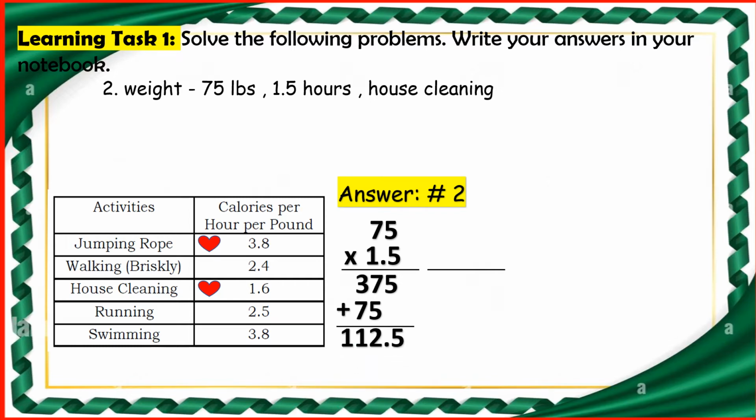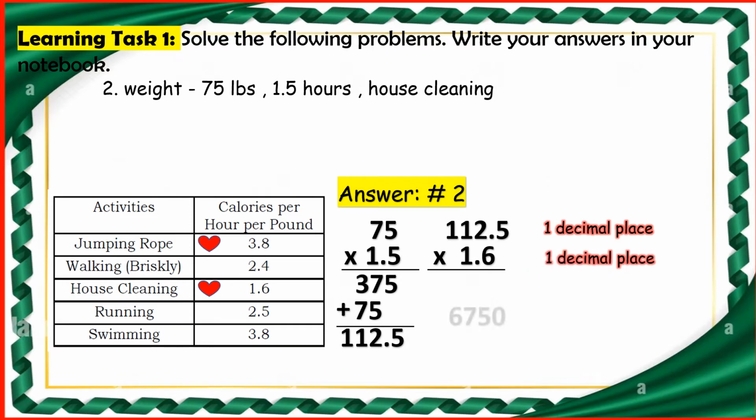So we bring down 5, and then 7 plus 5 is 12, carry 1. So 3 plus 7 is 10, plus the number 1 that we carried. So we have 112.5. So 112.5 has 1 decimal place, and it is multiplied by 1.6, which also has 1 decimal place.